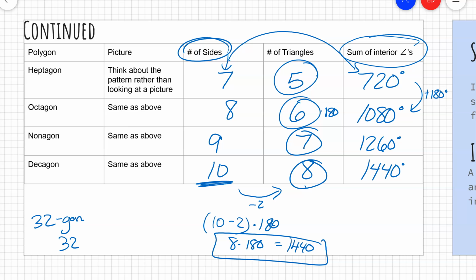So with a 32-agon, we would just have 32 minus 2 times 180 degrees. And then that would just end up being 30 times 180. And that's going to equal 5,400 degrees on the inside if we were to completely add up all of the interior angles.